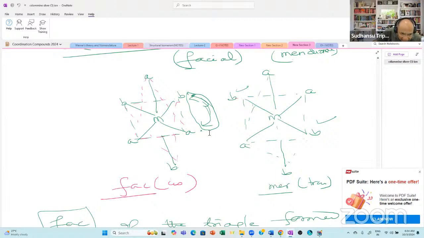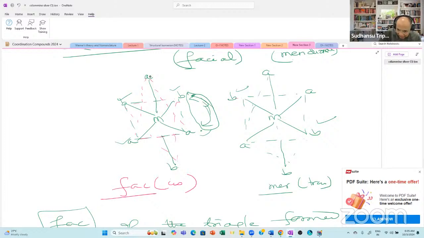I am not spending time now to show you where the plane or center of symmetry is, but you can do that yourself. In this one, the plane is vertically going below the plane of the paper and upwards, containing M, A and B, A and B and M sitting on the plane. So it is a plane of symmetry, making it achiral.